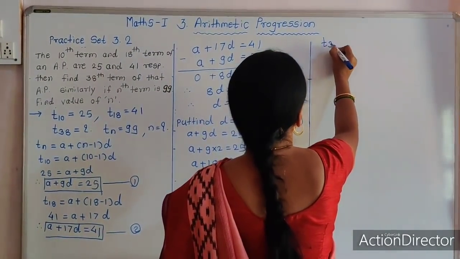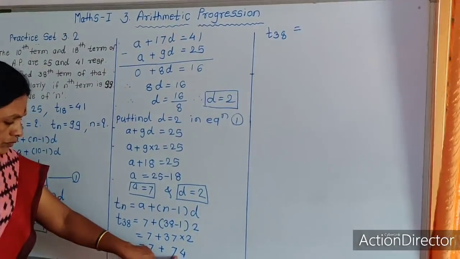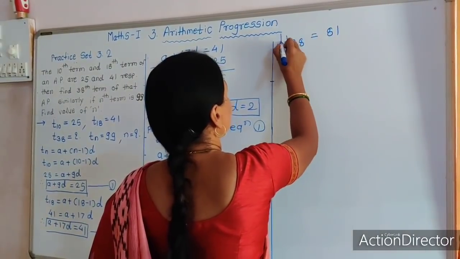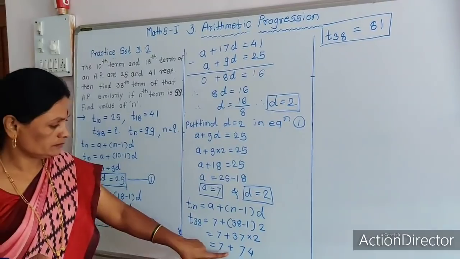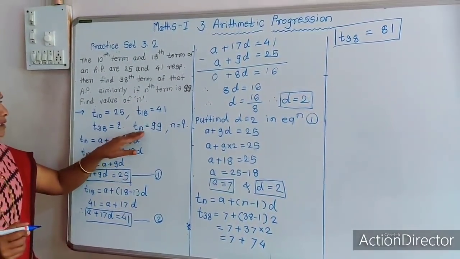T38 is equal to, adding these two we get 81. T38 is equal to 81. Now we have the second question.